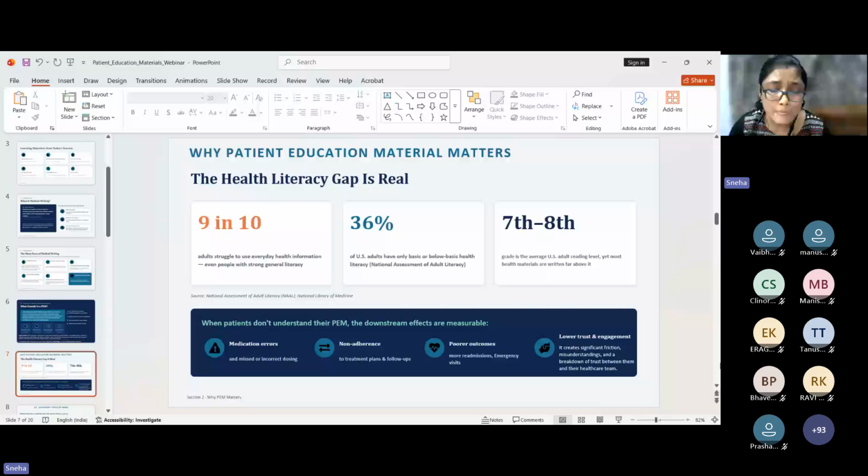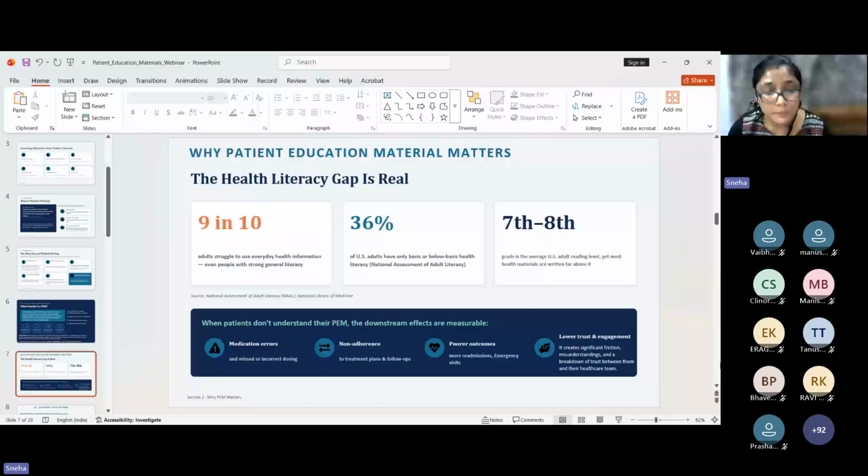People can miss doses, or there can be incorrect dosing of medication. There can be non-adherence to the treatment plans and follow-ups, since they do not understand what is written and what to do. There are poorer outcomes, more readmissions, emergency visits, and lower trust and engagement.